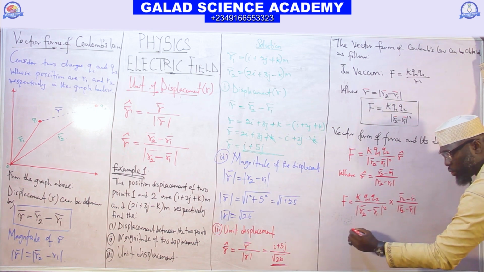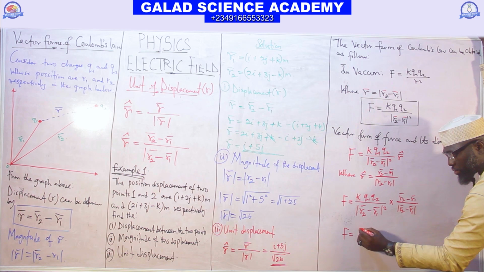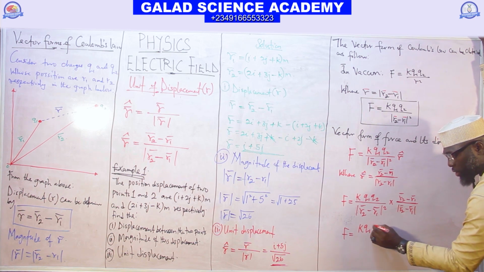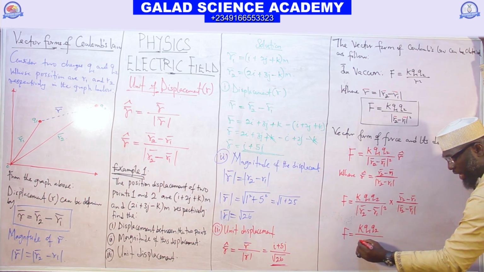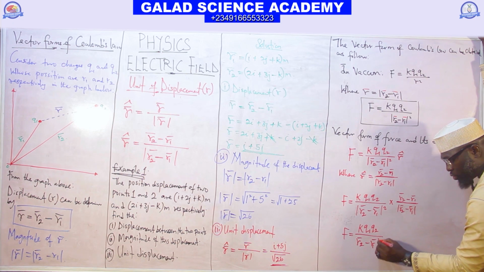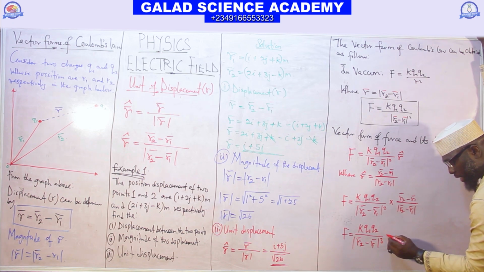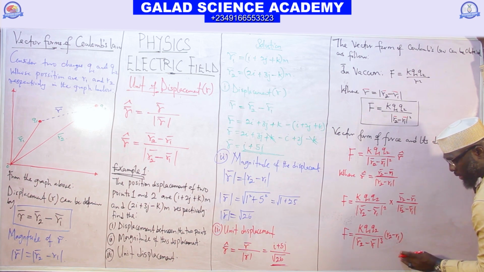By multiplying them with each other, we will end up with the force being Q1Q2 over the magnitude of displacement R2 minus R1 raised to power 3, everything multiplied by R2 minus R1.